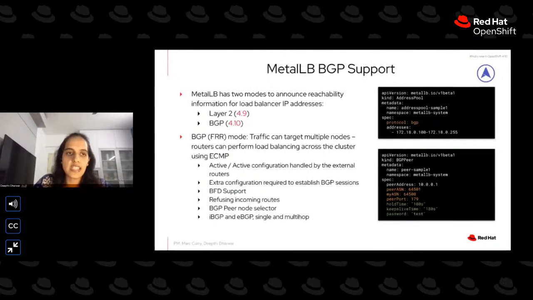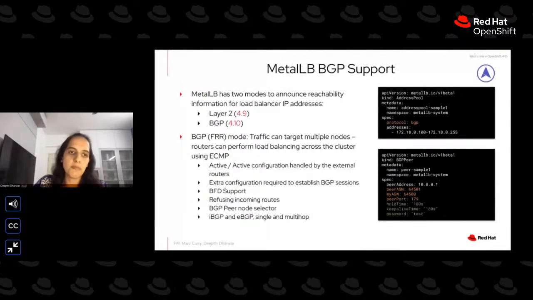And we have further enhanced this in 4.10 by providing support for the BGP mode. With BGP, we can advertise direct routes to Kubernetes services to other BGP participants outside the cluster. So basically, MetalLB running on every node establishes a BGP peering with nearby BGP-enabled routers and tells them how to forward traffic to the service IPs.